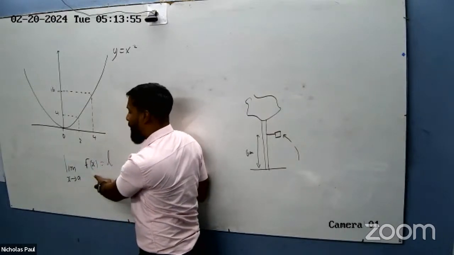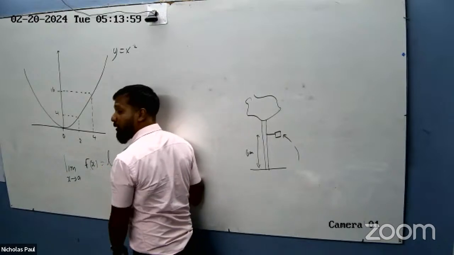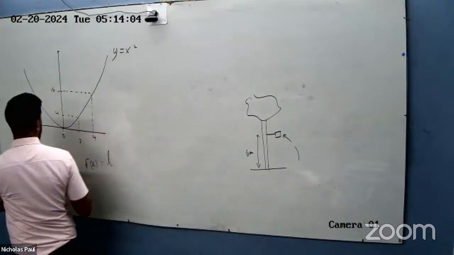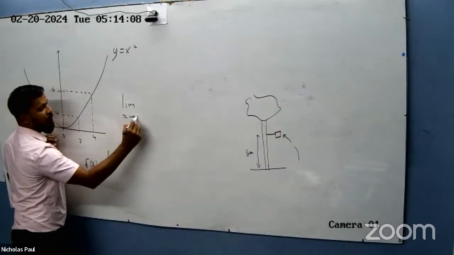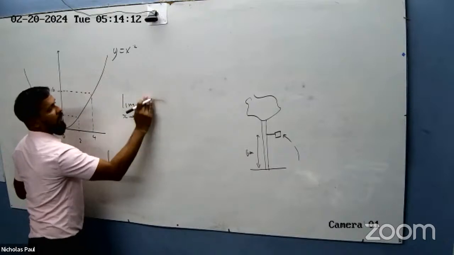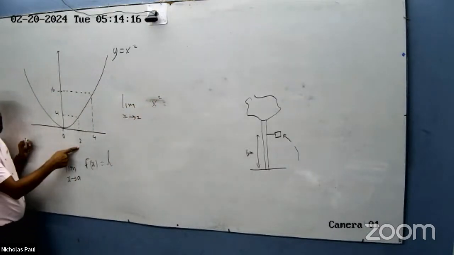So a limit is the value a function approaches as x approaches some particular value. So for example, a nice simple example here: the limit as x approaches 2 of x squared. Right? So let's approach 2.